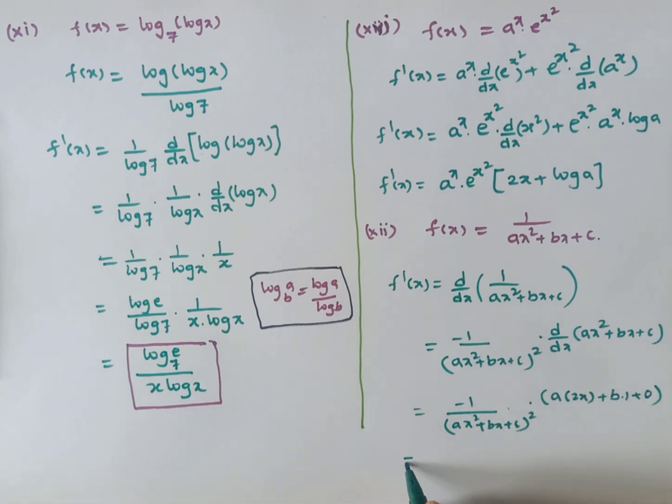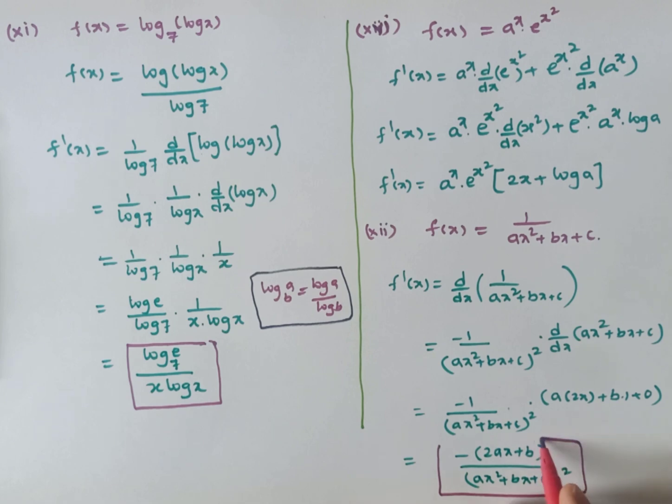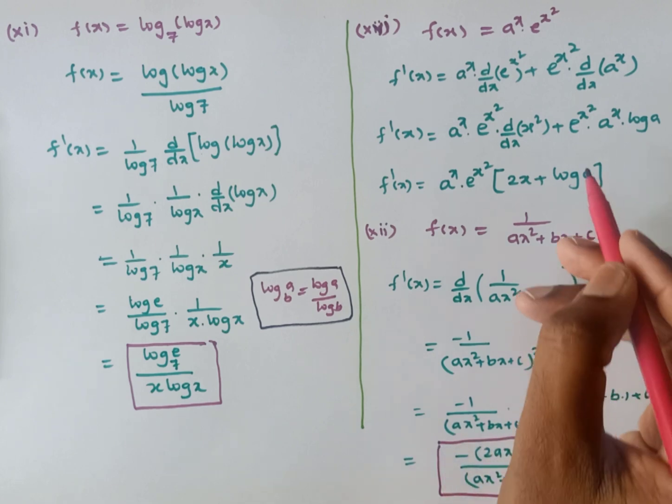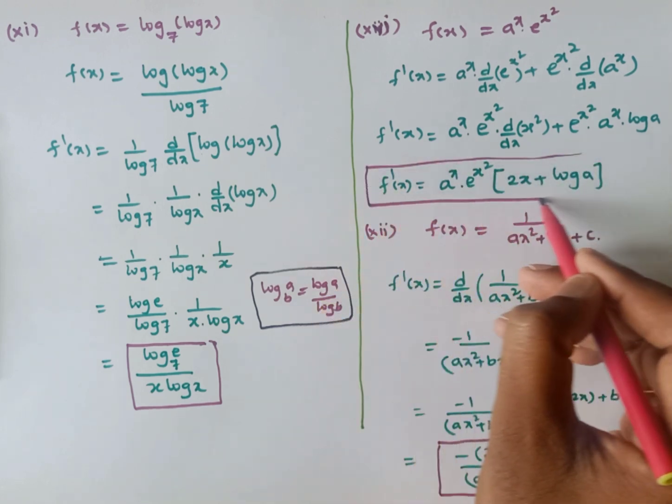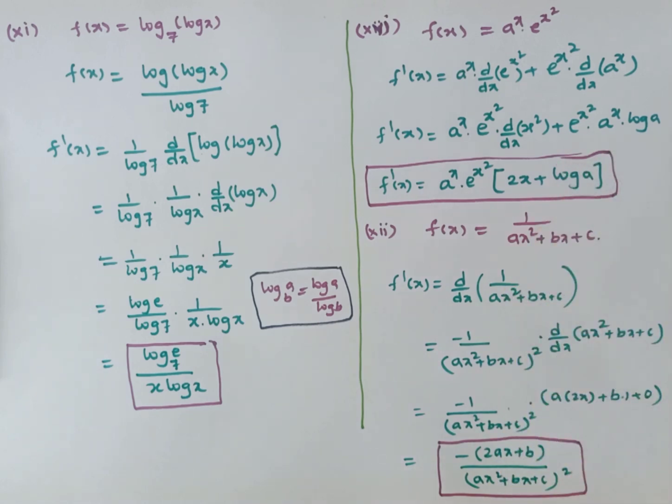So finally the derivative of this is minus of 2ax plus b divided by ax square plus bx plus c whole square. So this is the derivative of this function. This is in the form of 1 by u, so apply the 1 by u formula. The derivative of 1 by u is called the reciprocal rule.